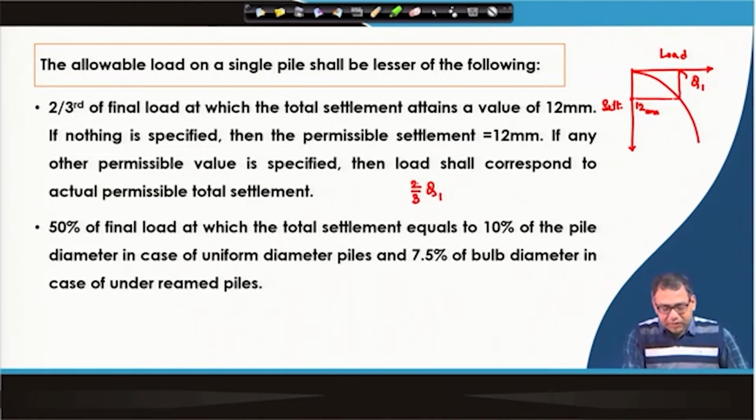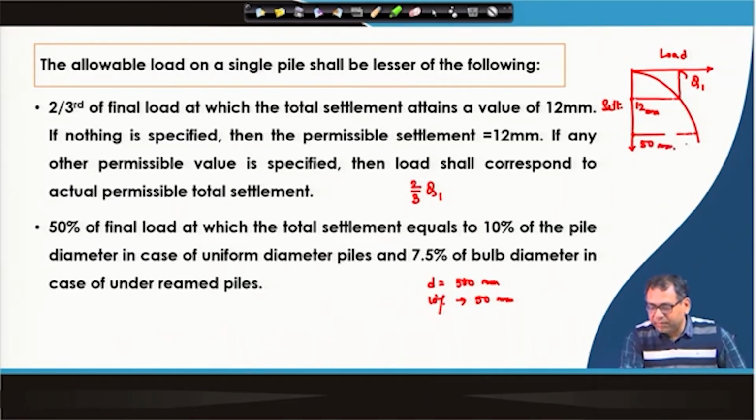Next one, 50% of pile diameter. For example, if the diameter of the pile is say 500 millimeter, then 10% of that will be 50 millimeter. So, we will go to 50 millimeter settlement for this particular case, if the diameter of the pile is 500 millimeter.